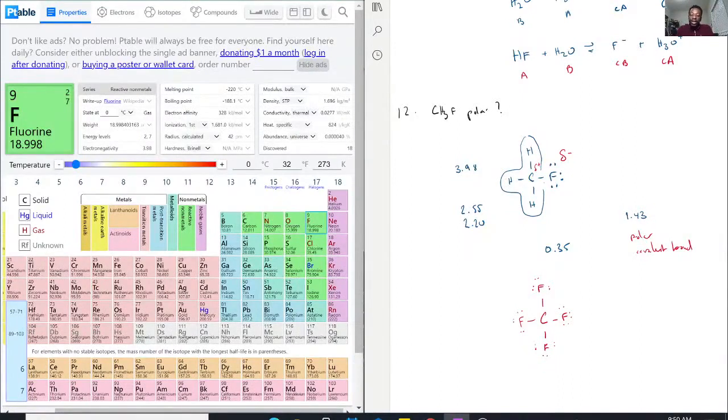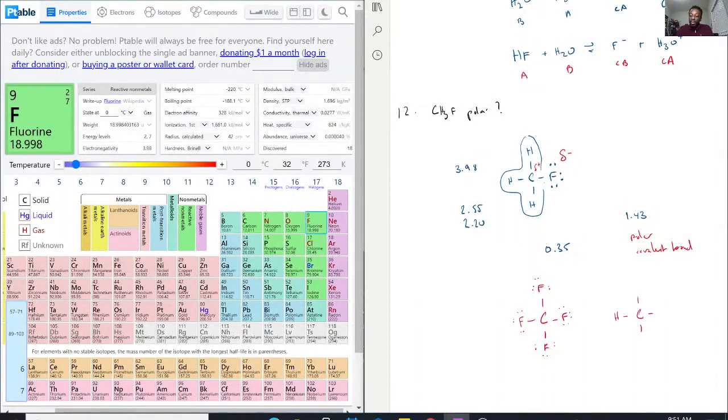The reason being is that all the fluorines are trying to keep the electrons, and because they all have around the same amount of power, which is the electronegativity, they all cancel each other out. You're just like, okay, I respect your strength, I know you want to keep your electrons, so I can't really bother you. This right here is considered a non-polar molecule, and this is still tetrahedral molecular geometry, okay?